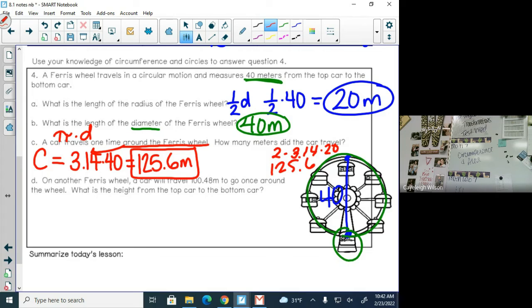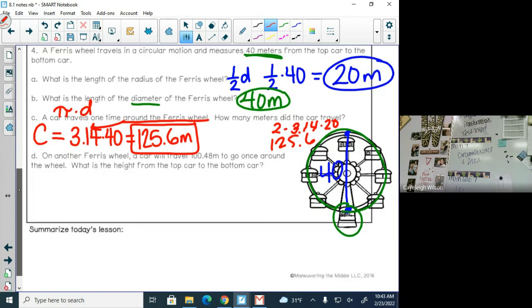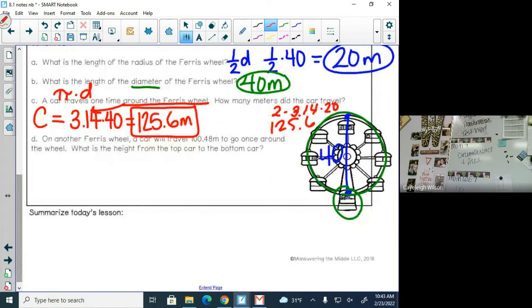We're going to do the last part. The last part's a little bit different. Okay, so the last part says, on another Ferris wheel, a car will travel 100.48 meters to go once around the wheel. What is the height from the top car to the bottom car?